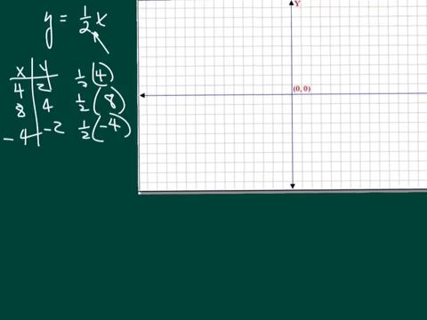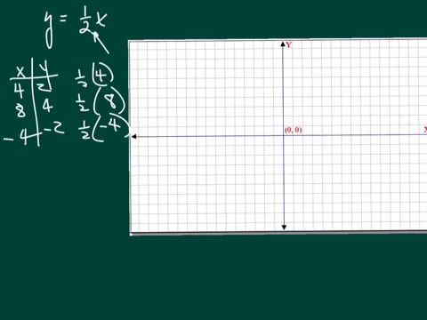Alright, so let's graph this. So we have 4, 2, 1, 2, 3, 4, up 2. We have 8, 4, 1, 2, 3, 4, 5, 6, 7, 8, 1, 2, 3, 4. And then I have negative 4, 1, 2, 3, 4, down 1, 2. And then I draw my line.